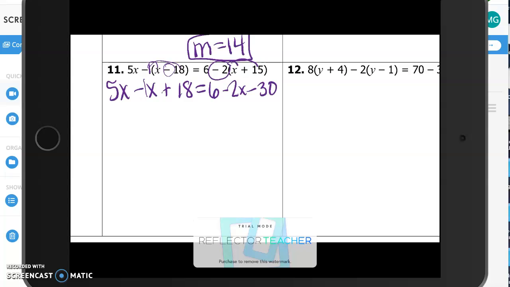So you want to combine like terms on each side so you're down to only 4 terms total. So this one becomes 4x plus 18. Again, you just do exactly what it says. 5x minus 1x is 4x. Over here, I would have -2x minus 24. 6 minus 30 gives me -24.